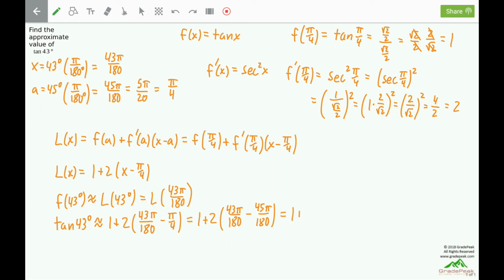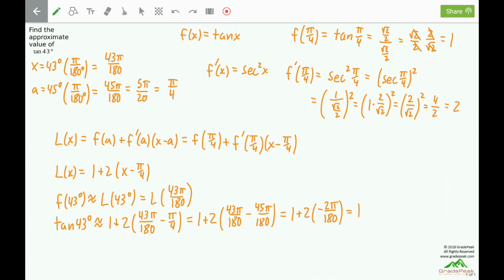This is now equal to 1 plus 2 times 43 pi minus 45 pi is negative 2 pi over the common denominator, 180.